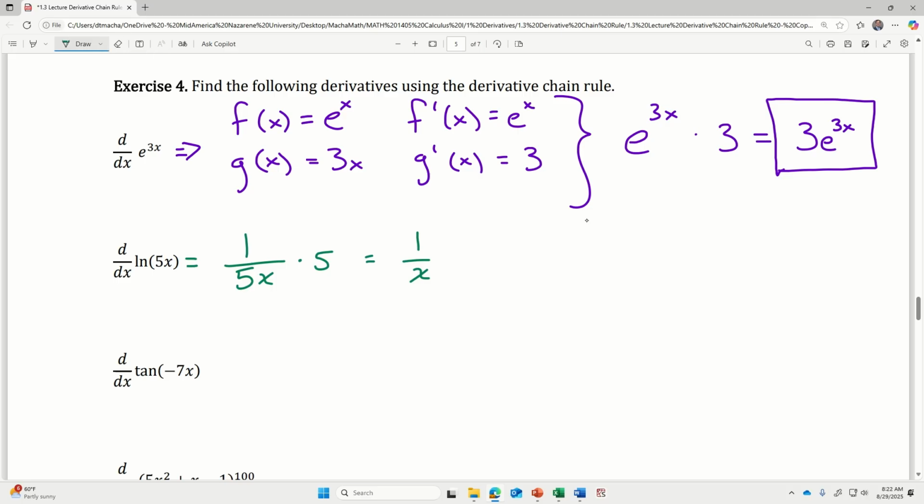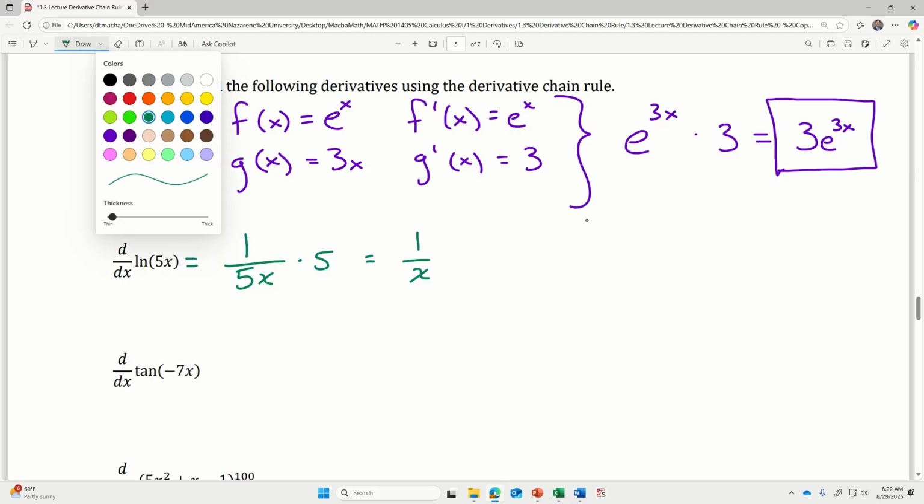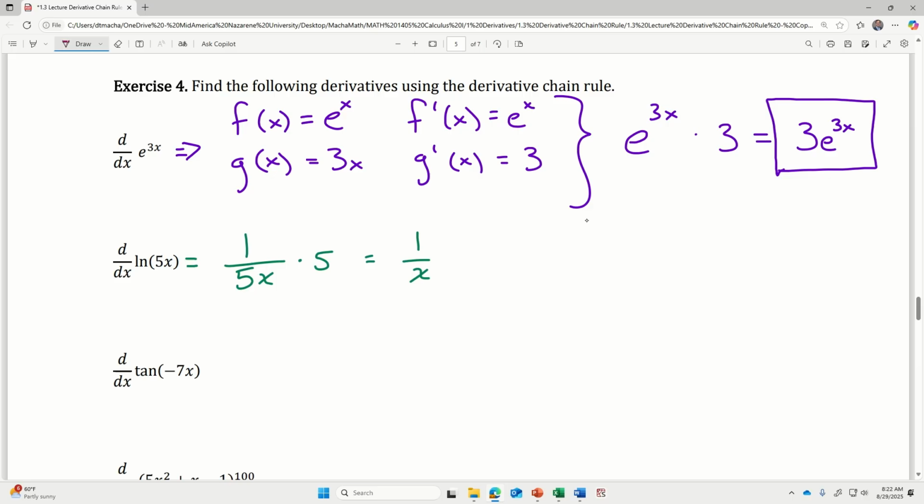And if you are really keen on your properties of logarithms, there is a particular property of logarithms that says this. Whenever I'm multiplying two factors inside of a logarithm, I can split that up into two different logarithms. I can call this the same thing as natural log of 5 plus natural log of x. Do you remember that from college algebra? From pre-cal?